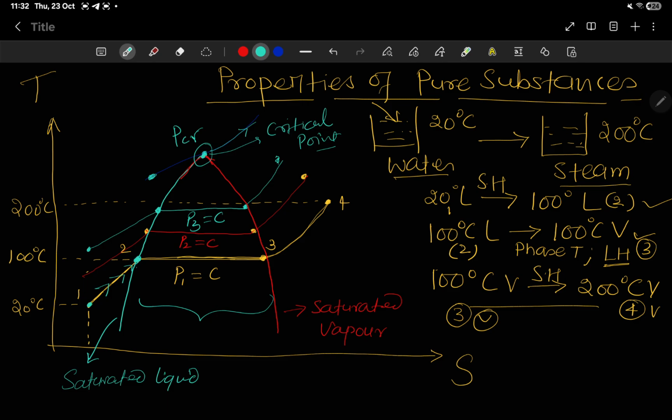Then at this point we will get 50% vapor and 50% liquid. And now what is happening at point 3?